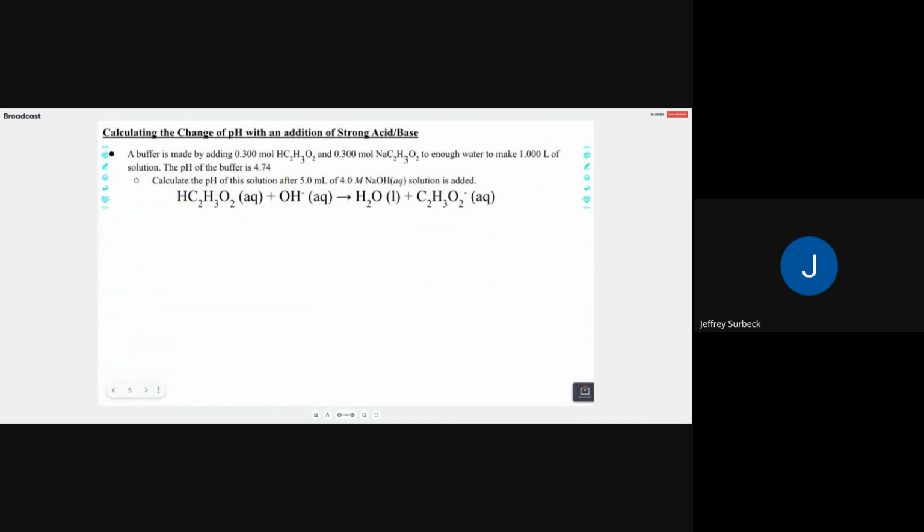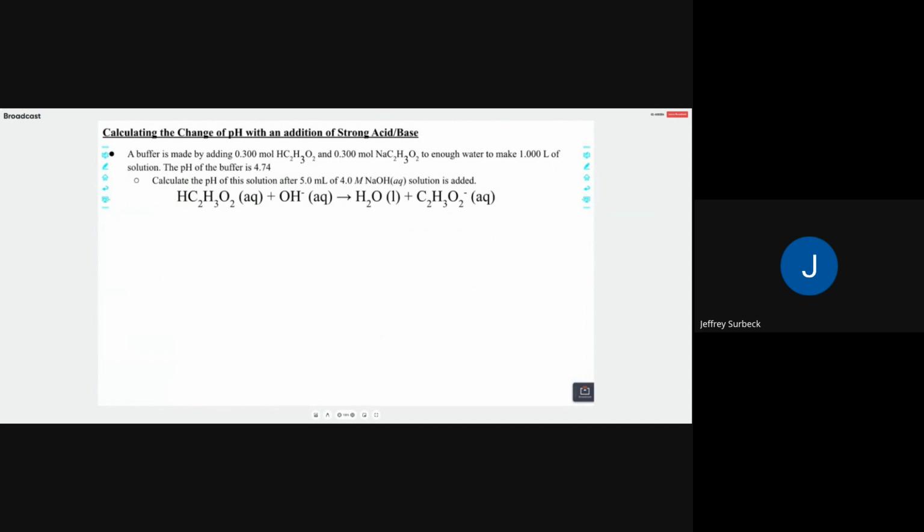All right, so here we go with this. A buffer made by adding 0.3 mole of acetic acid to 0.3 moles of sodium acetate. They make exactly 1 liter, which is really nice. I'm going to actually use moles here, of a solution, and the pH of this buffer right now is 4.74.